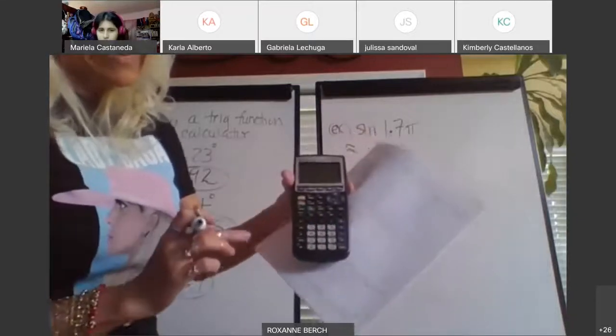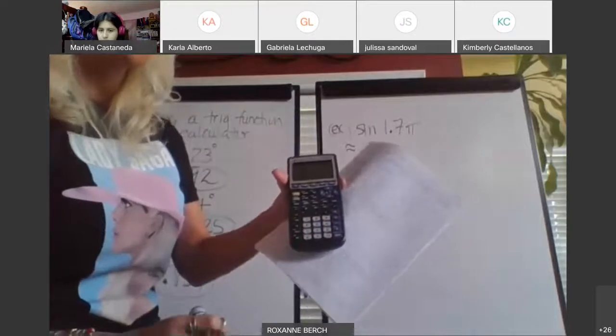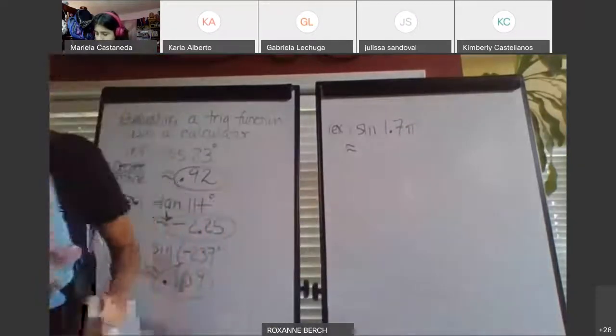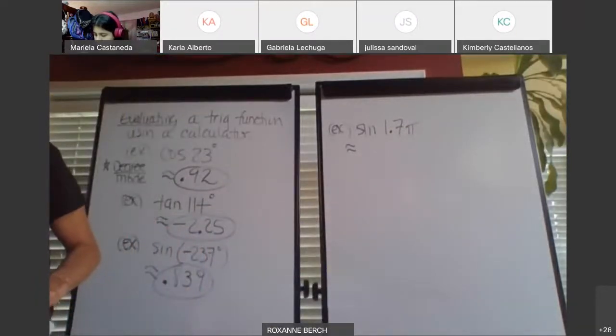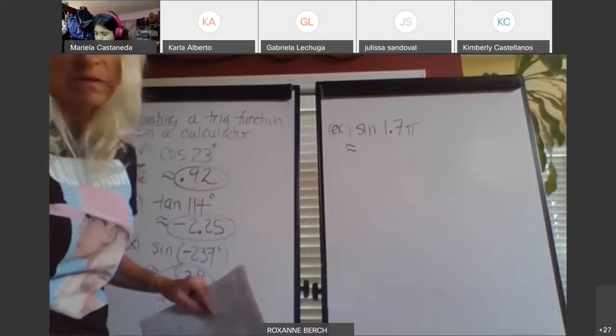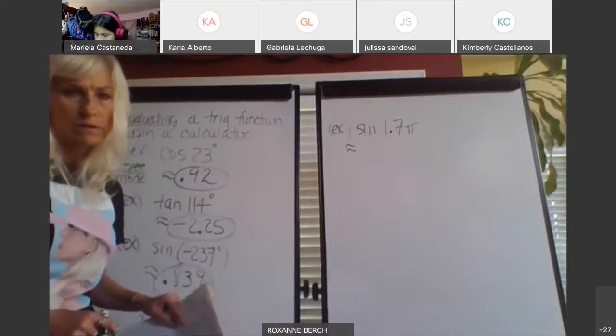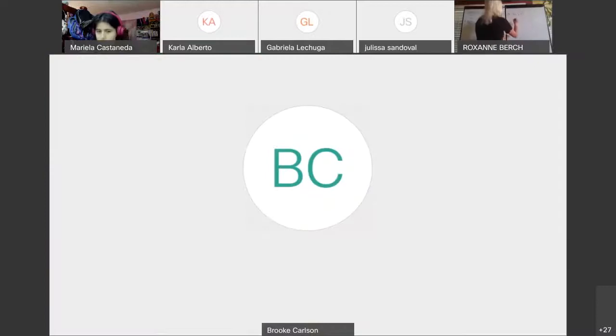So see the pi key in yellow? So it's second up arrow. Okay, so what did you get when you put that in the calculator? Negative 0.80901. It's about negative 0.81.